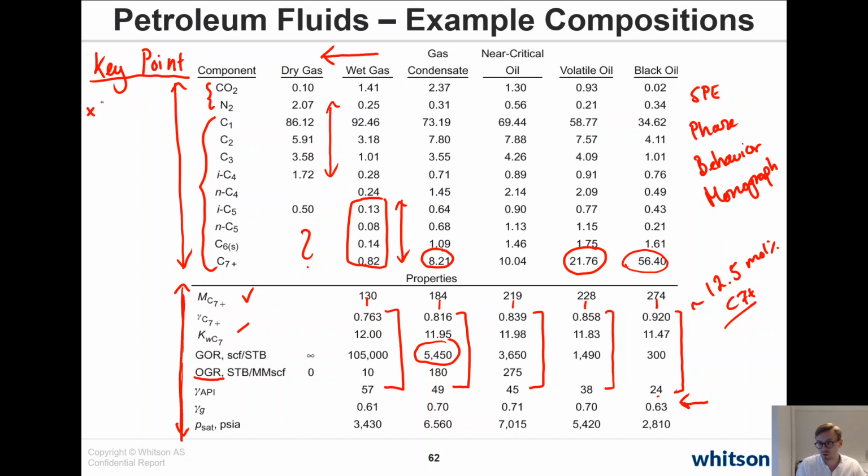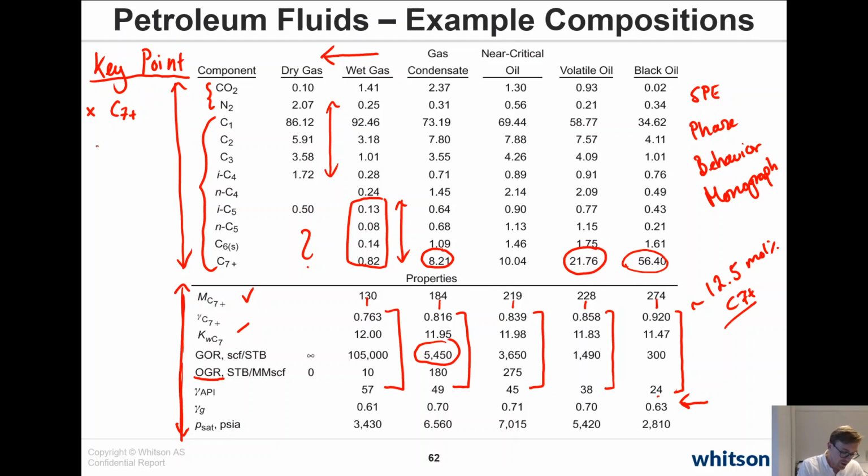One of the most important properties, at least from a compositional standpoint, to know and care about, if we want to classify reservoir fluids, is C7 plus. And the amount of C7 plus, very important.